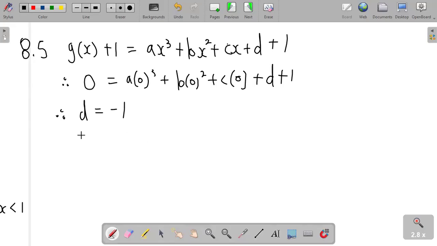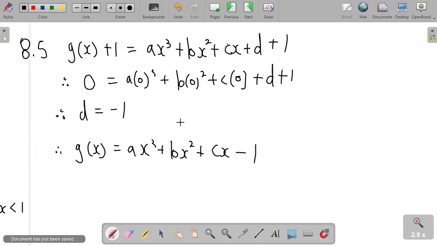So it means therefore d equals negative 1. So it means that therefore g of x will be equal to ax cubed plus bx squared plus cx minus 1.